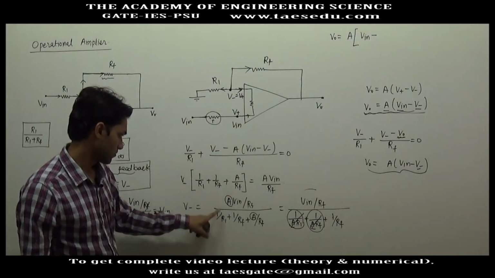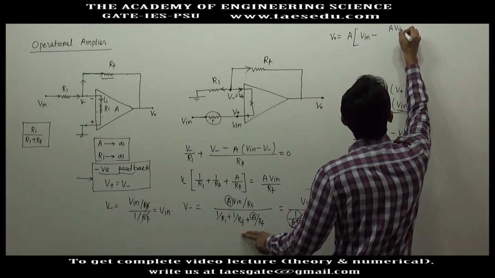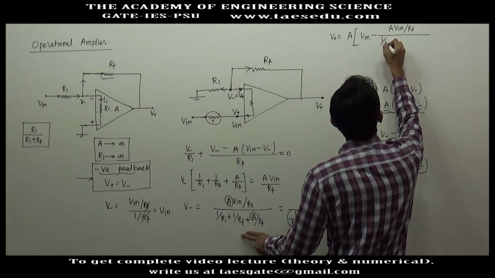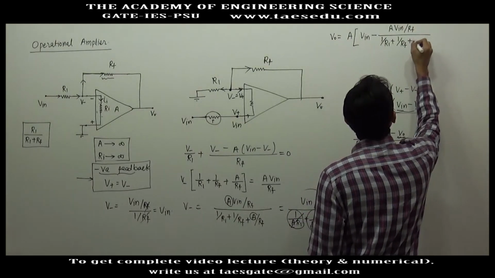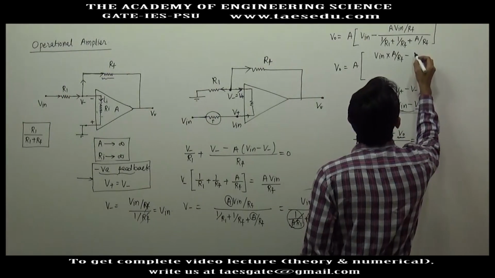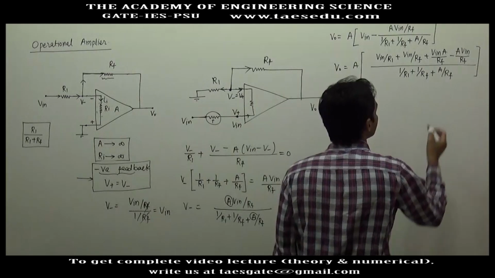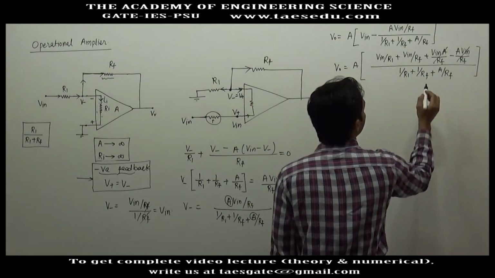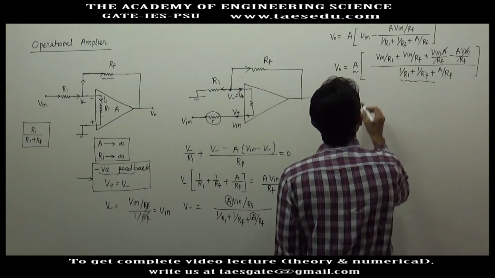Let me write it here from above: A into V input by RF divided by (1 upon R1 plus 1 upon RF plus A divided by RF). These two will be cancelled, and now you divide the denominator by this A.